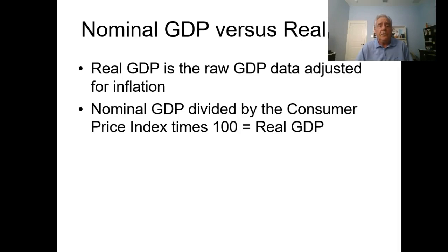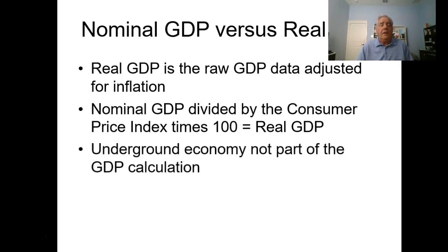I use the example on the board. Let's assume, for instance, that nominal GDP grew at 4%, but the inflation rate in the US is 2%. We deduct the 2% from the 4%, and we get a real GDP growth of only 2%, not 4%. 4% would be fooling ourselves because it includes price differences which don't measure and don't represent real growth in the economy.